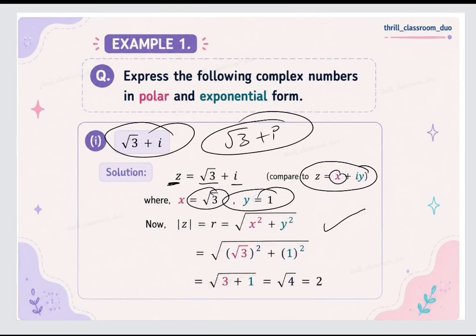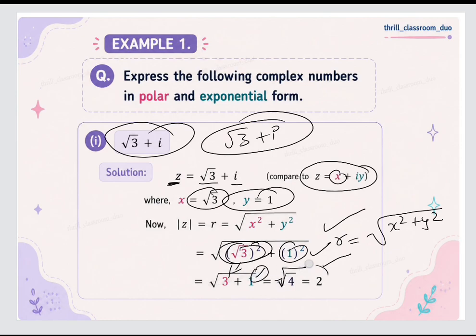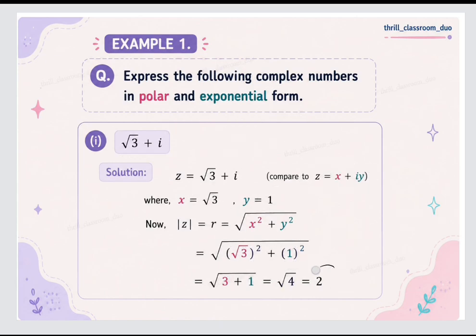Now you have to find r. So what was the formula for r? r was root of x square plus y square. Put the values in the bracket. You can see that square of root 3 is 3 and square of 1 is 1. Then root of 4 gives us number 2. So the value of r is 2.